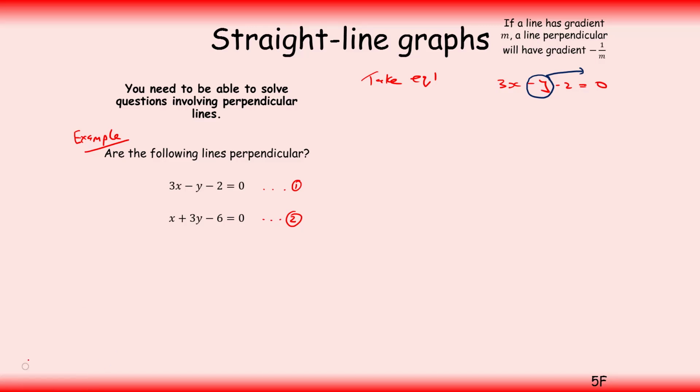So that gives me 3x minus 2 is equal to y, or y equals 3x minus 2. That implies then that the gradient is equal to 3, which is just next to the x there.